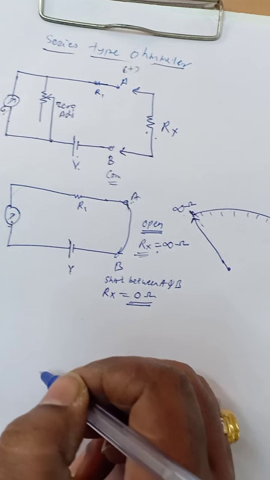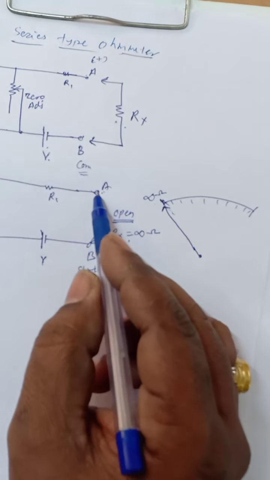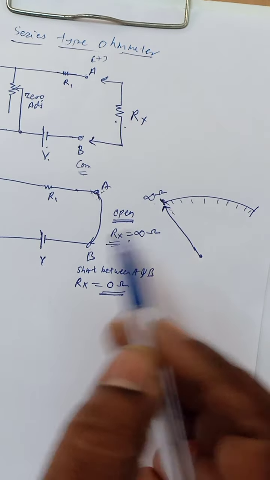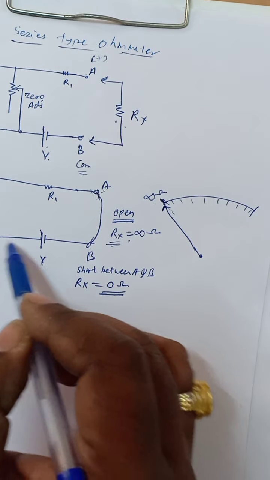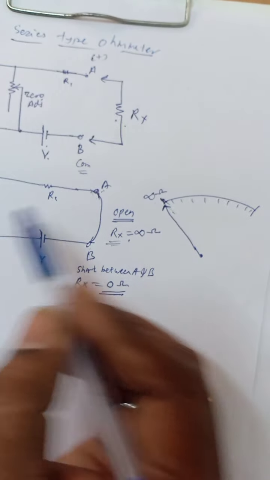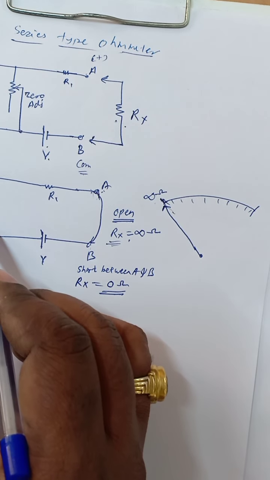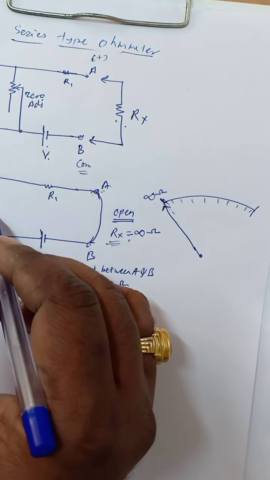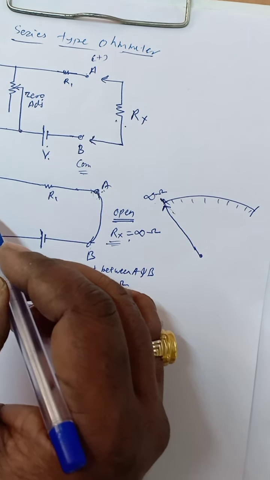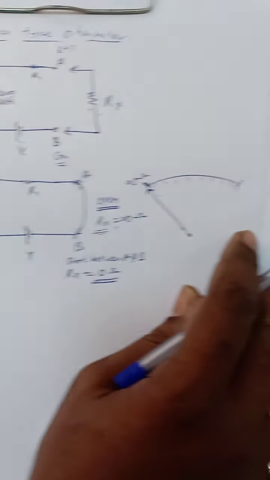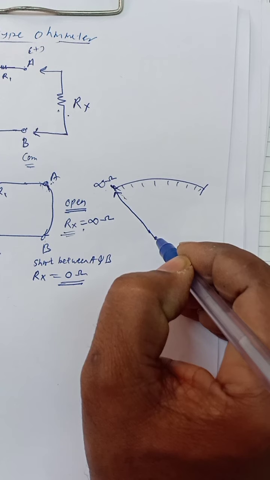So Rx equals 0 ohm when A and B are shorted. That means when A and B are shorted, maximum current flows through the PMMC and the circuit, and as the maximum current flows through this PMMC, it shows a full scale deflection.